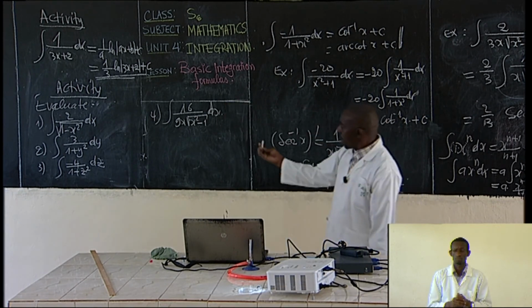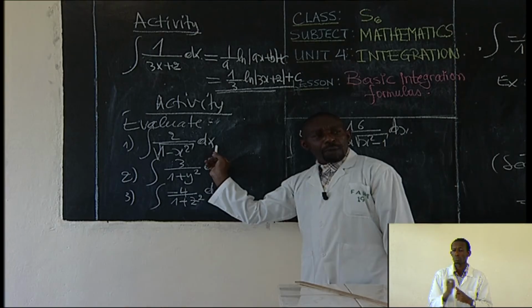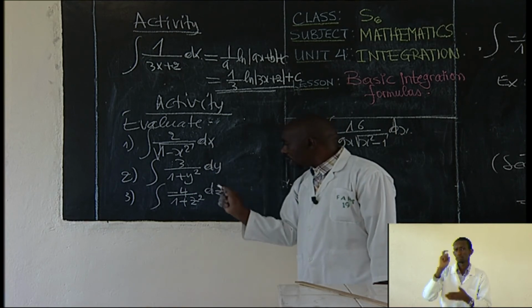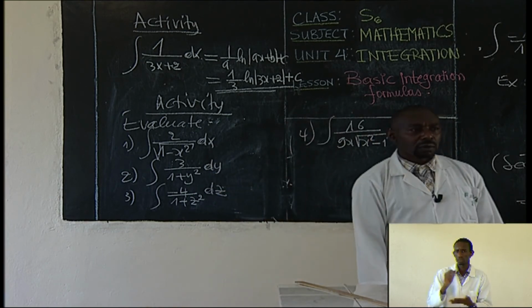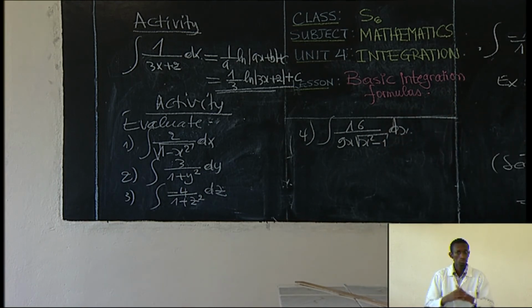So when you work, you must know that the integral is to be performed with respect to the variable x. Here the variable is y, z, and so on. Are you done? Maybe let me give you a few seconds, and we find the answers on the chalkboard. Continue to work, but hurry up.